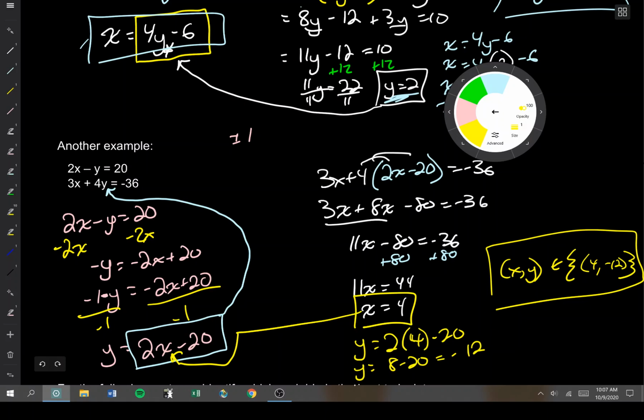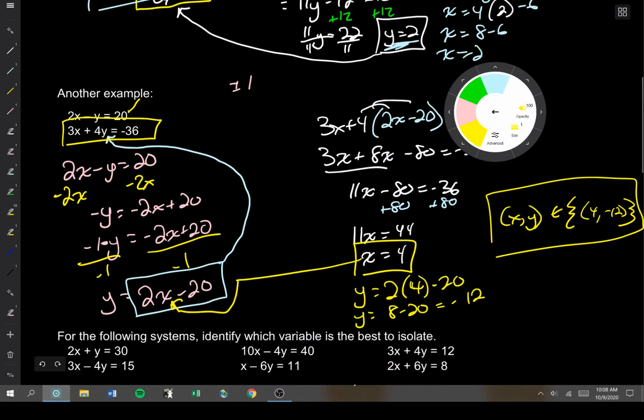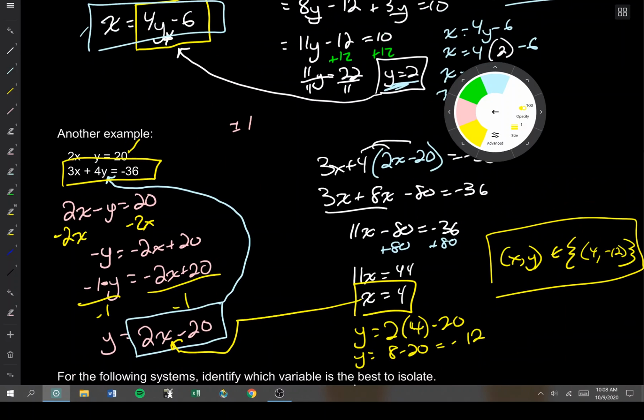Okay, I'm going to check that. I'm going to check it in which equation? I'm going to check it in this one, because I did most of my work with this one. So I'm going to check it in 3x plus 4y equals negative 36. Well, that's 3 times 4 plus 4 times negative 12.